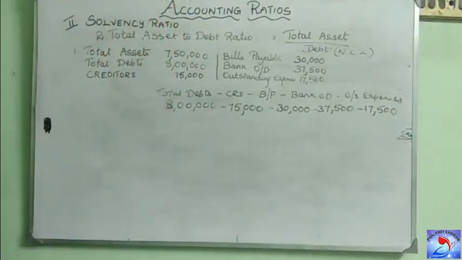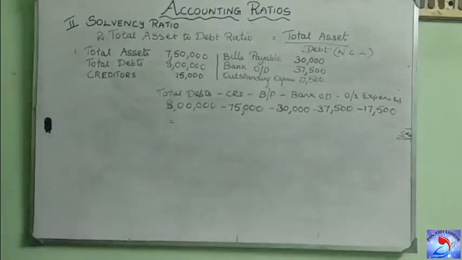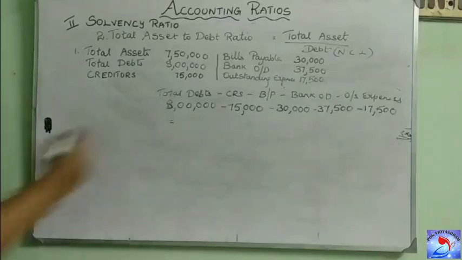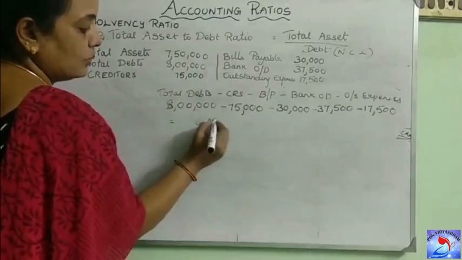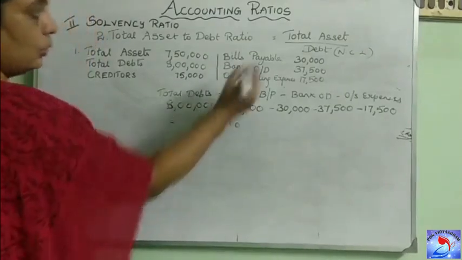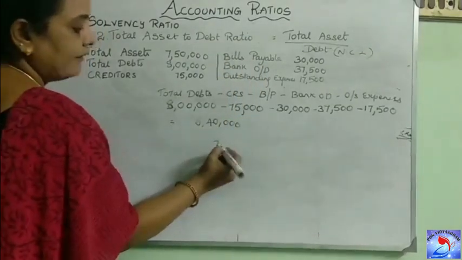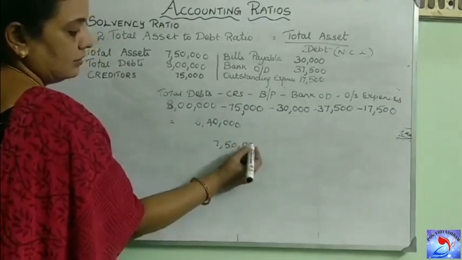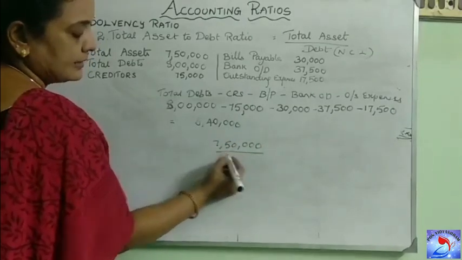So 8 lakh minus 75,000 minus 30,000 minus 37,500 minus 17,500 will give you the answer as 6,40,000. So total asset is 7,50,000 divided by 6,40,000.